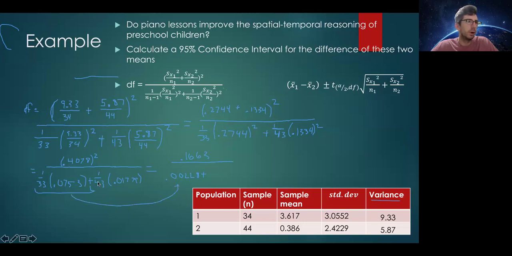Let's do 1 divided by 43. That gives me 0.02325. If I multiply that by 0.01779, I get 0.0004. Okay.